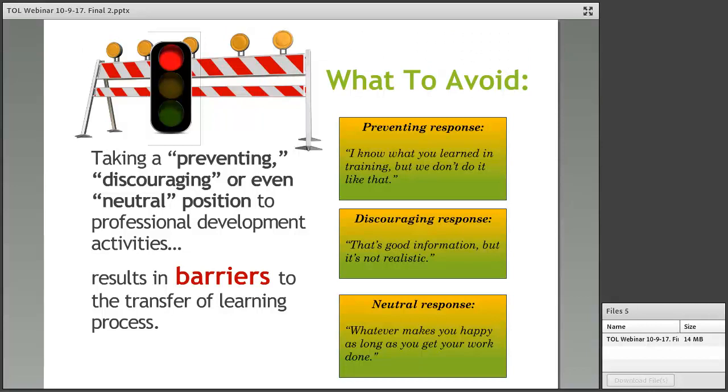And a neutral response would sound like, whatever makes you happy, just as long as you get the work done. Yeah, I know we talked about that in training, but that just might not work for you, and that's okay. What we want to do again is going back to that encouraging or requiring language. So we want to be a cheerleader for the training and why it's beneficial to the staff.